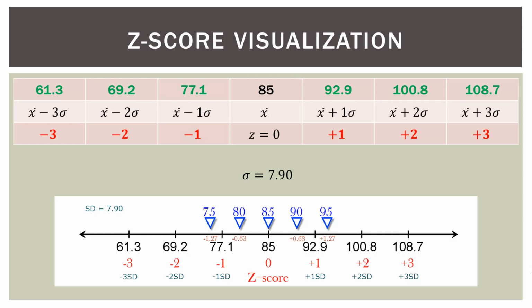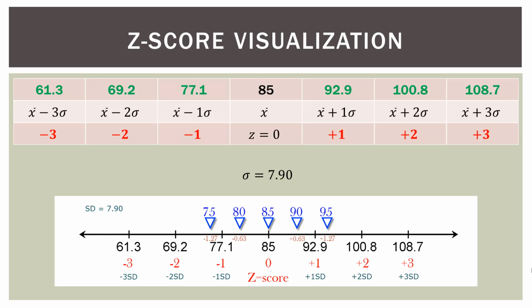So here's where you actually put your data points into your distribution where you found your z-scores and such. So it's just basically subtraction and division. That's all it is. So just remember, we took 80 minus 85, which was negative 5, divided by our standard deviation, which was 7.9, and we get a z-score of negative 0.63.